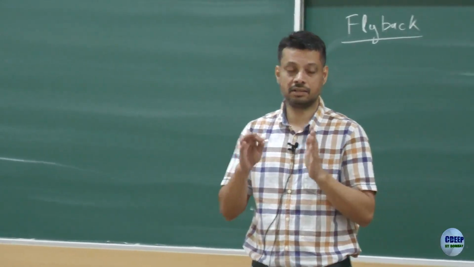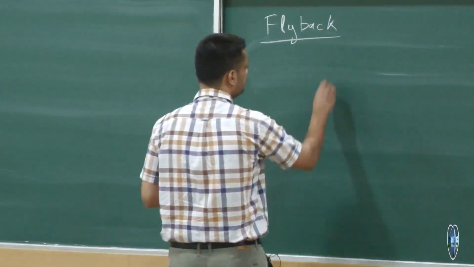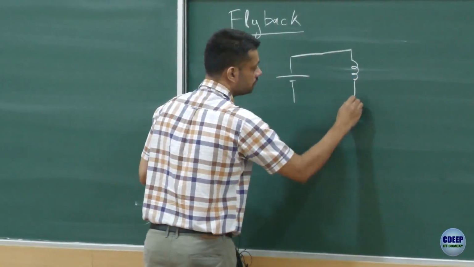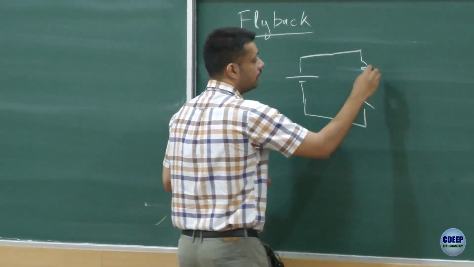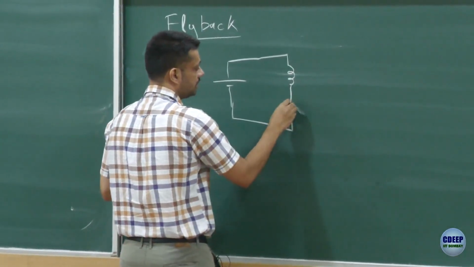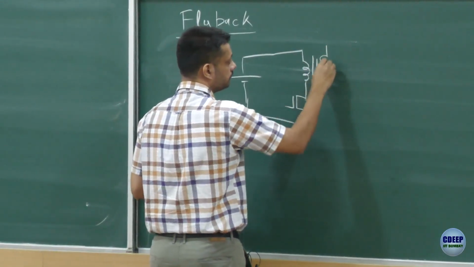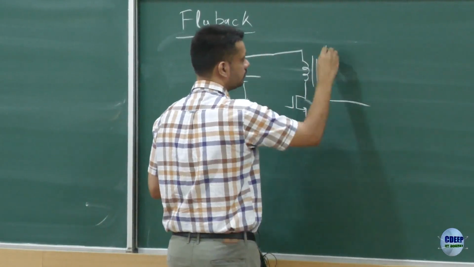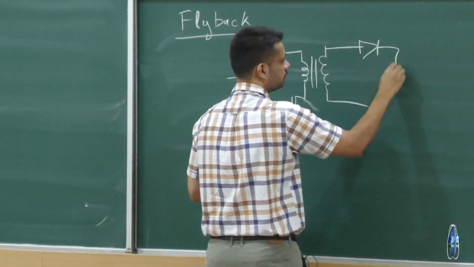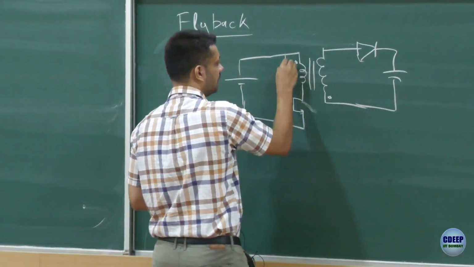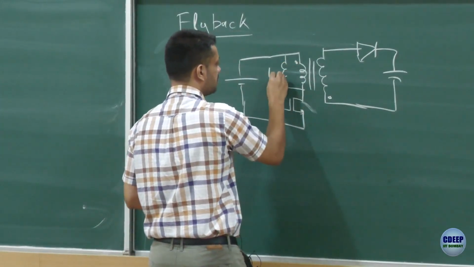So if you see the flyback circuit, right? Let's say this is the MOSFET. There is of course a magnetizing inductance Lm.